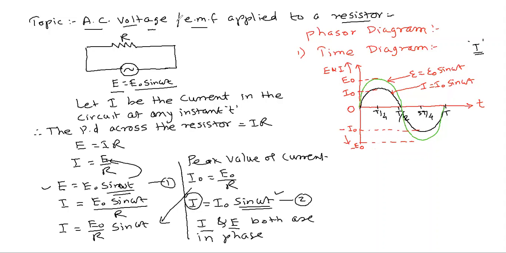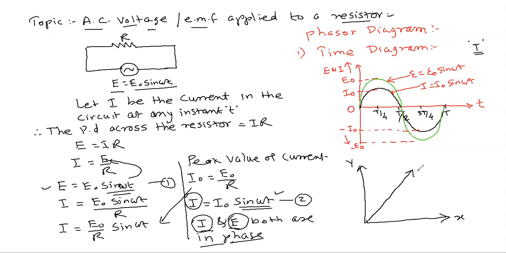Now for the phasor diagram, along the x-axis and y-axis, since you have proved that the current and EMF are in phase, both are in phase.